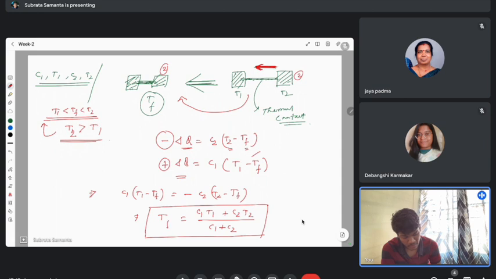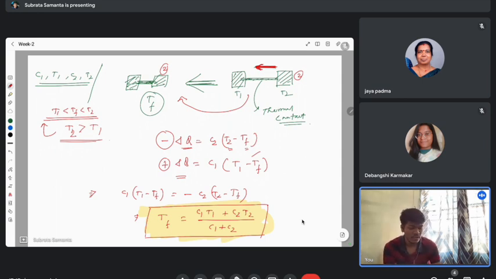So you calculate the final temperature of the system, TF is (C1 T1 plus C2 T2) by (C1 plus C2). Or if you do not put in the sign convention minus plus, we just say that this delta q is extracted and this same amount of heat is put in, then the sign is TF minus T1.